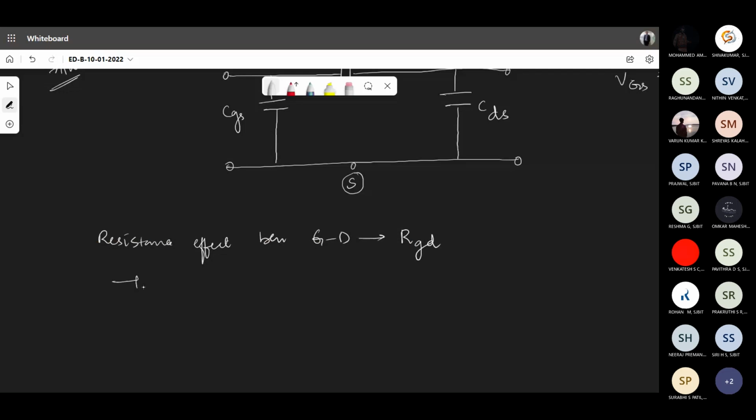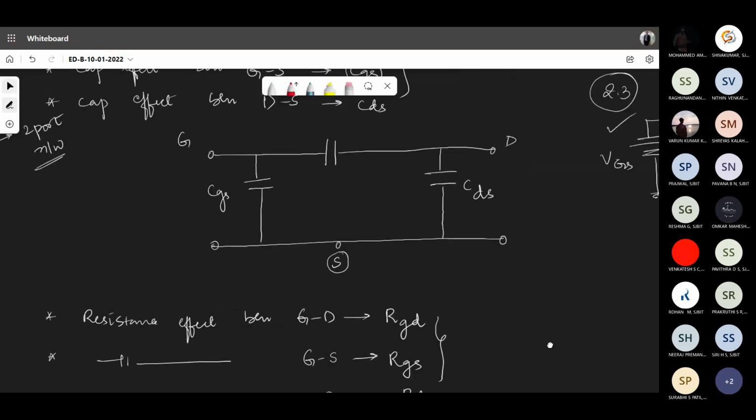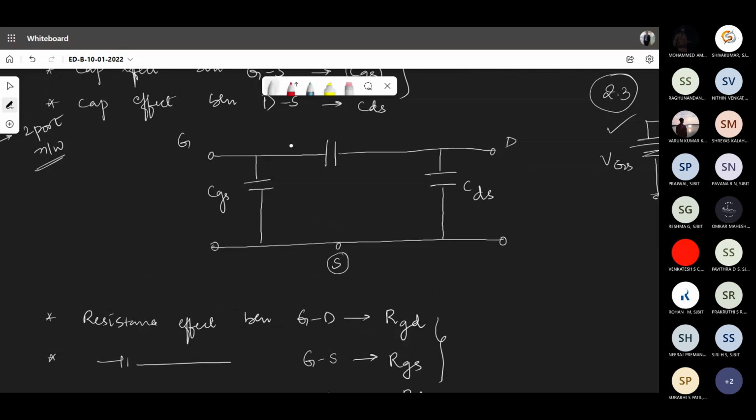There is a resistance effect between the gate as well as source, which I can call as RGS. That's a resistance effect between drain as well as source, which I can call as RDS. So we've got 3 resistances. Now I should put all the 3 resistors here.